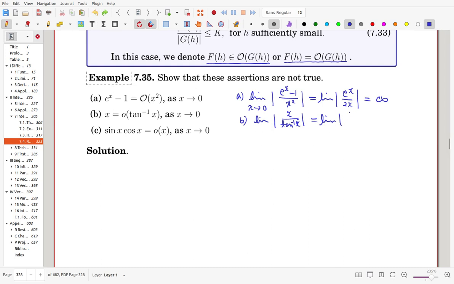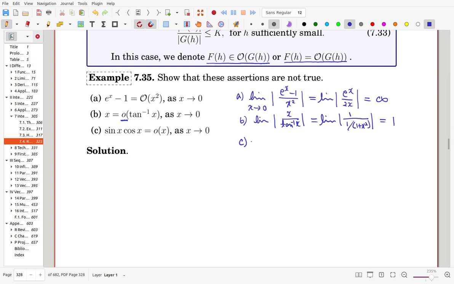Top becomes 1, and bottom becomes 1 over 1 plus x squared, right? So this whole thing is the same as 1 plus x squared. So it is converging to 1, not converging to 0. So we cannot say that it is in little o. If it is changed into big O, then it will be true.